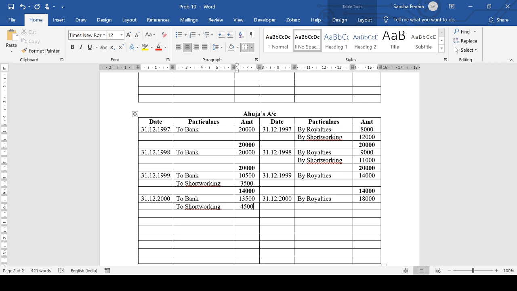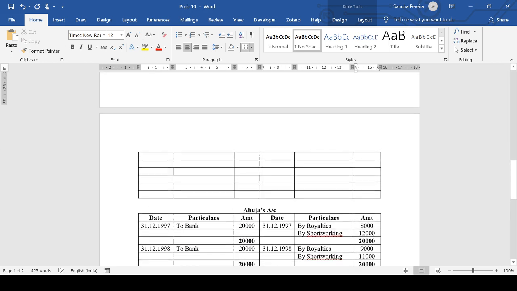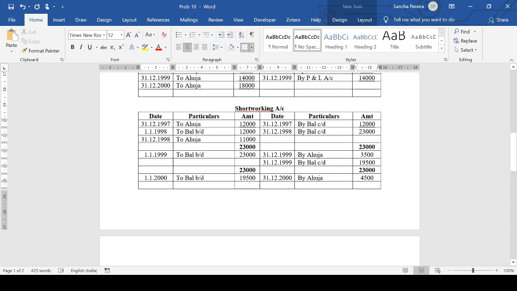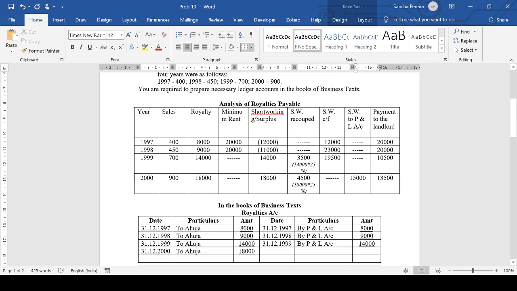So if you say Ahuja to short working, in short working it will be by Ahuja, 4,500. Similarly, we have something that is transferred to P&L account, which we didn't have in the previous year.